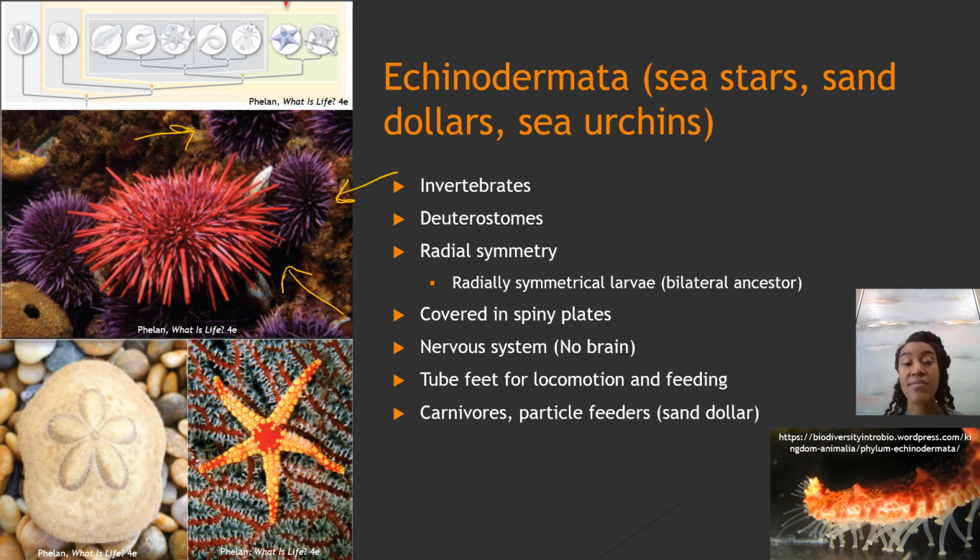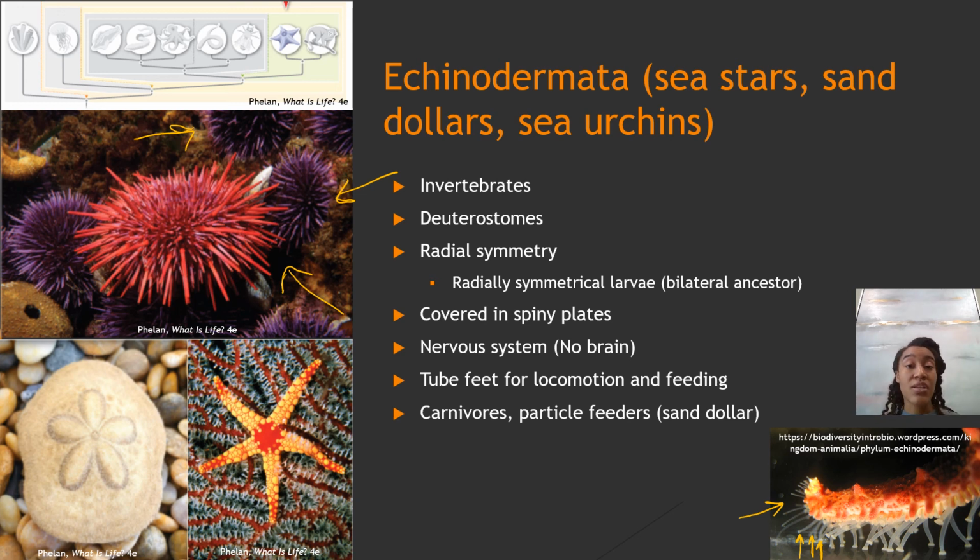They all have a nervous system but no brain, and they have these things called tube feet for locomotion. So you can see an example of tube feet in this image here. All of these white or kind of transparent projections here are all tube feet, and they can use these to move around.